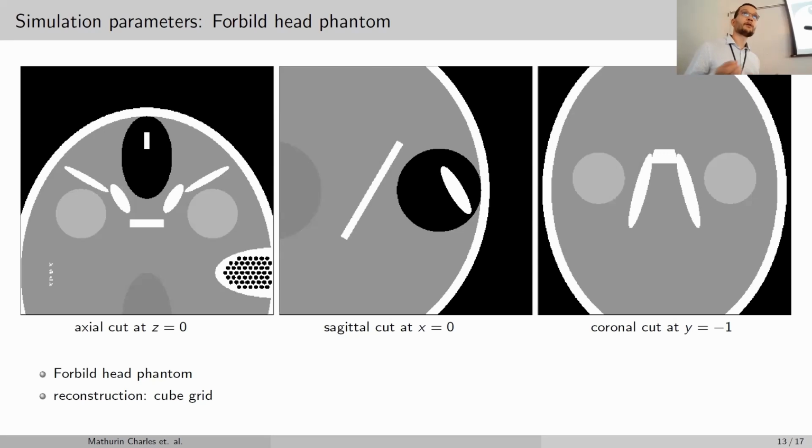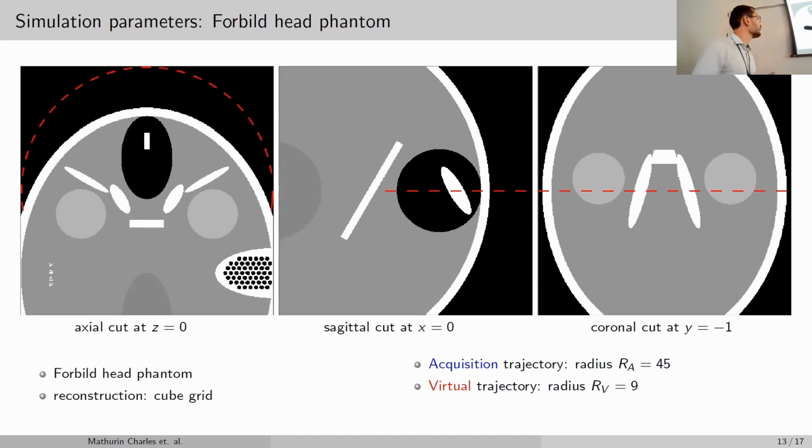Next, we performed another simulation with a head phantom, which is a more complicated phantom, to have more of a challenge. Again, we display three slices: axial, sagittal, and coronal. This time, we have an acquisition trajectory of radius 45 and a virtual trajectory of radius 9.